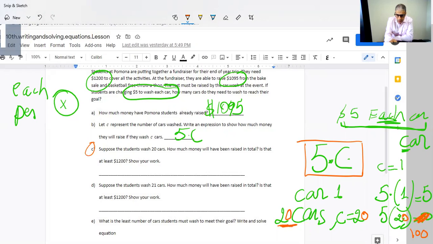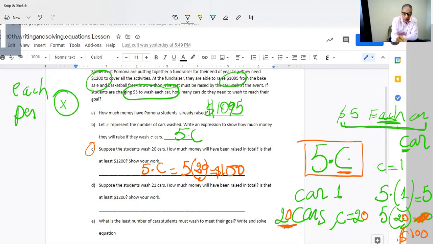So if they wash 20 cars, it'll be 5C, and instead of C it's 20, and 5 times 20 is 100. So if they wash 20 cars, they will make $100.